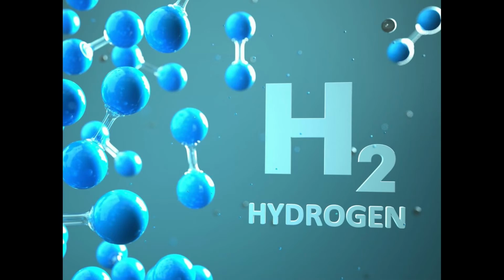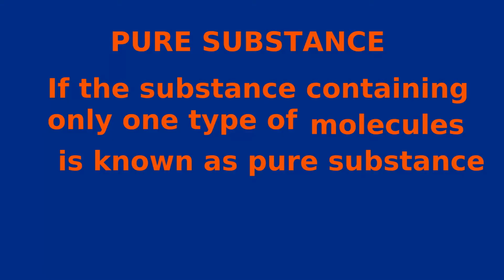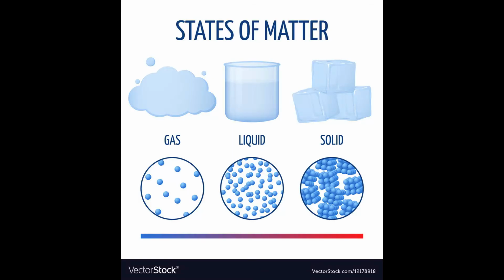All these substances are made up of only one type of molecule. Such substances are known as pure substances. Okay, the substances are in which states? Solid, liquid and gaseous states.